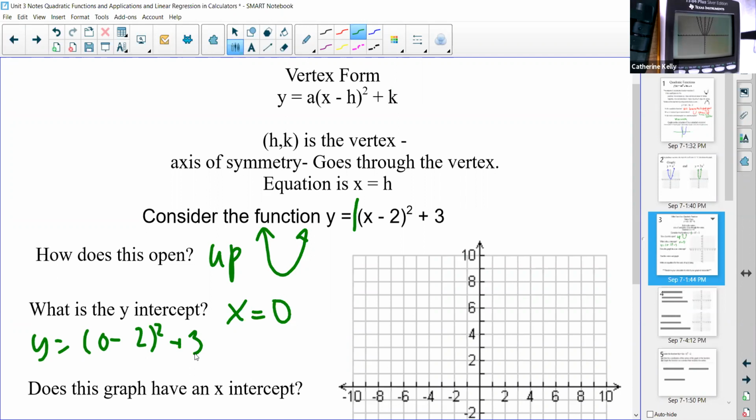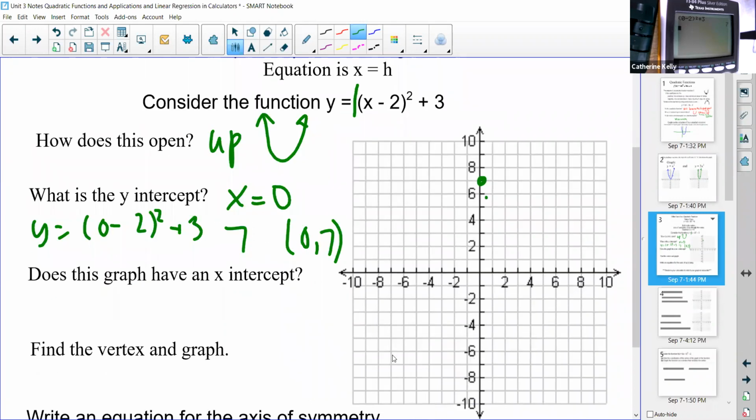You can put that right in your calculator: parentheses 0 minus 2, squared, plus 3, and you get 7. So your y-intercept is (0, 7). I'm going to plug that in right now. There's y at (0, 7).